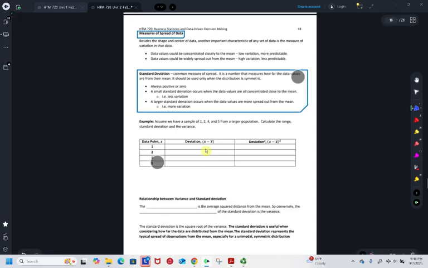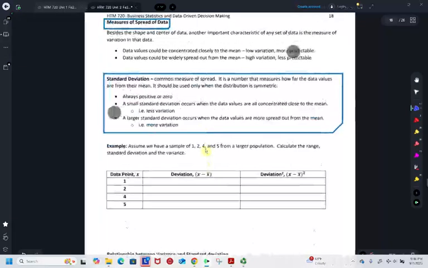In this video, we shall start reviewing measures of spread of data. As you might recall, in earlier videos, we talked about measures of center for a single numerical variable, namely the mean, the median, or the mode.